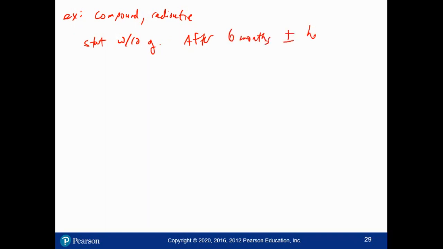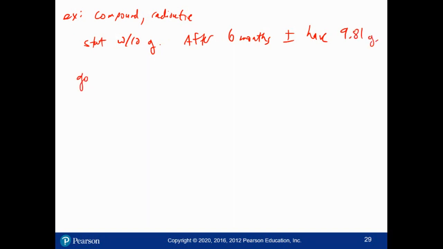Okay, so let's do another example of both. Okay, so I have a compound. It's radioactive. I start with 10 grams. After 6 months, I have 9.81 grams.